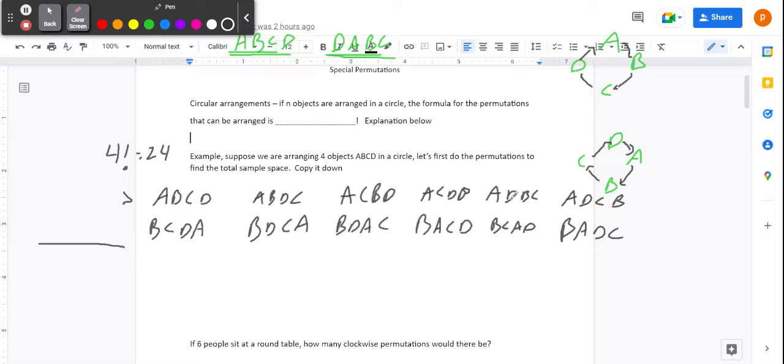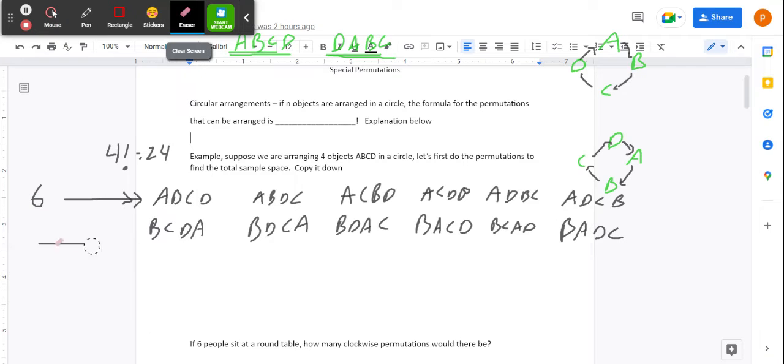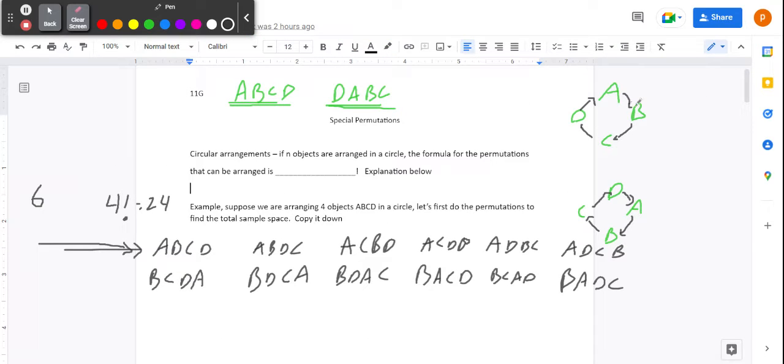As you notice, we have 6 different permutations with our A's, but these permutations are going to repeat themselves all the way down. The whole concept is that ABCD is the same as DABC, because if we're looking at a clockwise setup, the same letters are next to the other letters.